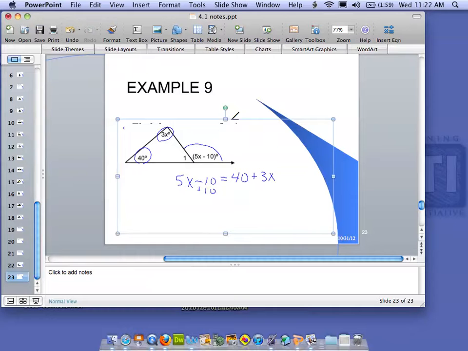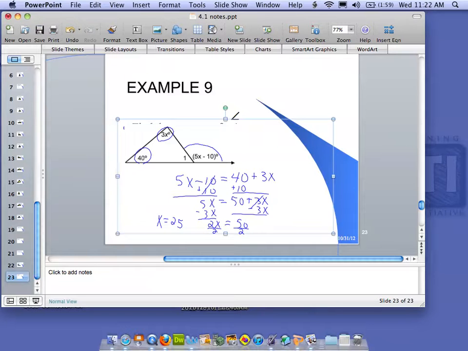And by adding over the 10, and subtracting my 3x, I have 50 is equal to 2x. Dividing both sides by 2, I have x is equal to 25.